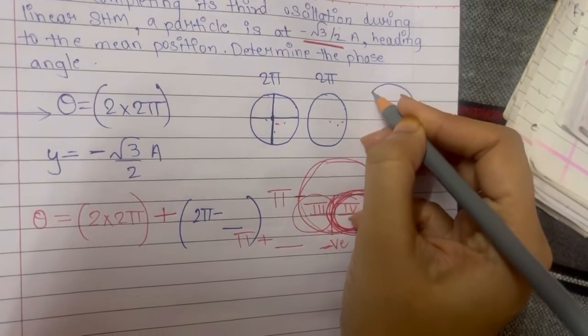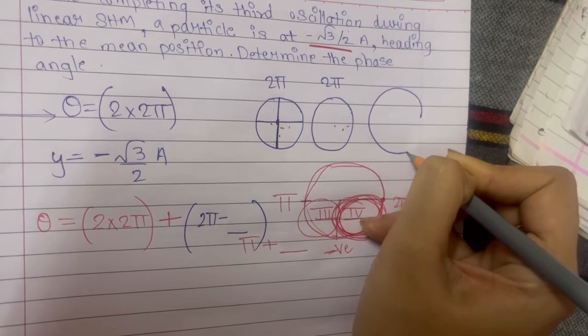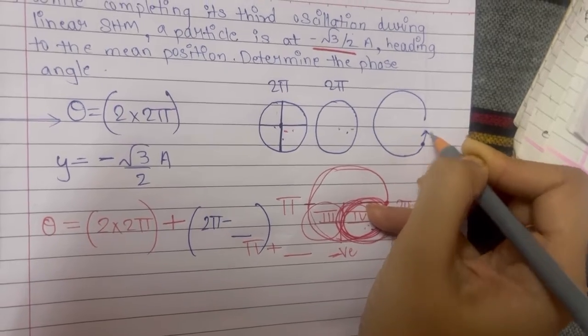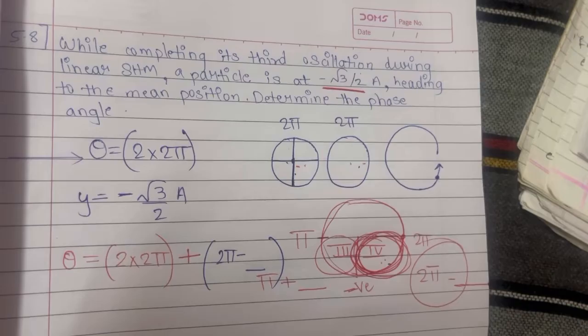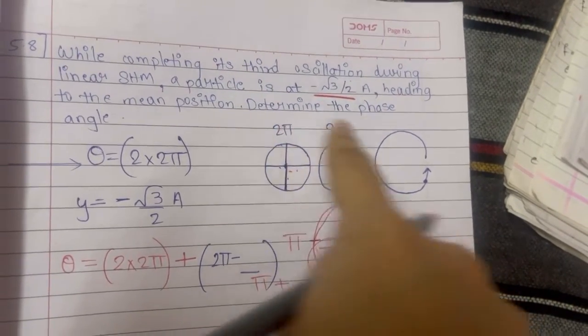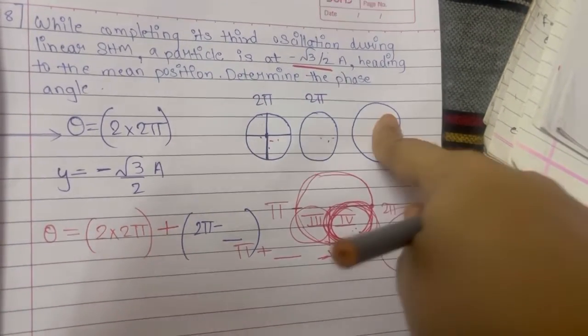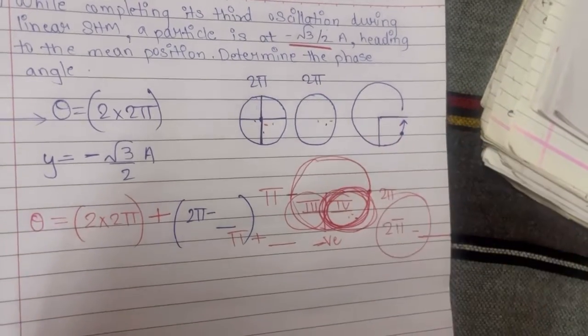Now it has completed till 3 pi by 2. It is somewhere in the fourth quadrant and it is going towards the mean position to complete the third one. So 2 pi, 2 pi, 4 pi. So I have written it like this, 2 into 2 pi, that is 4 pi, plus this one. Now for this one, where is my particle? It is in the fourth quadrant.